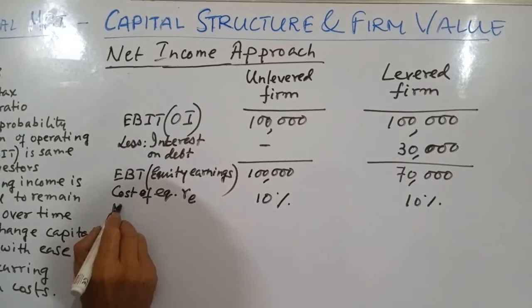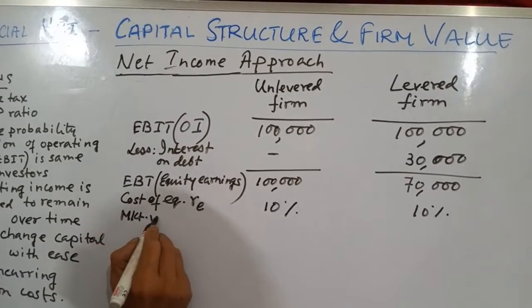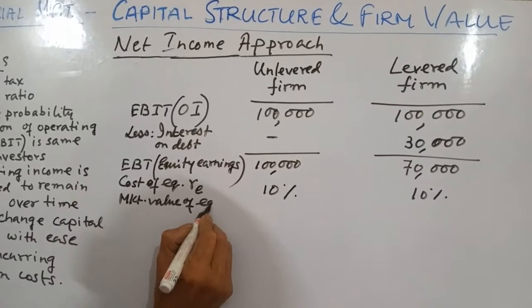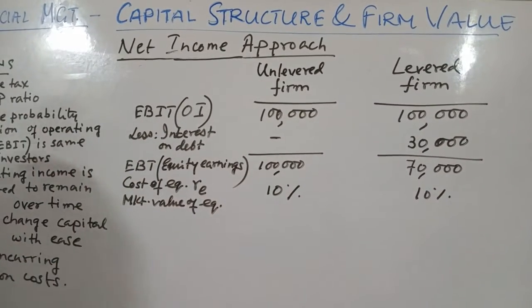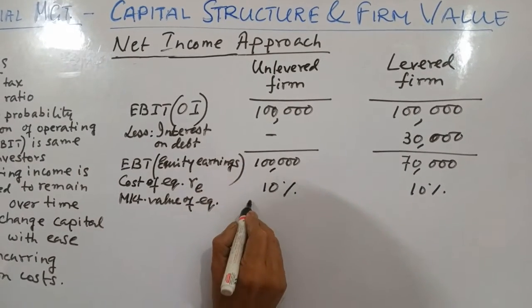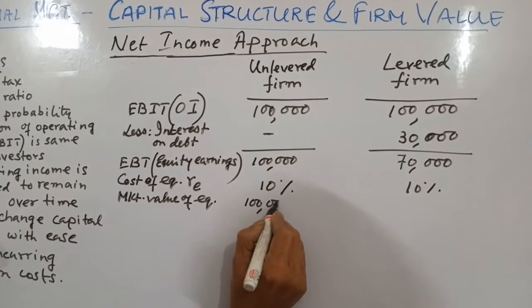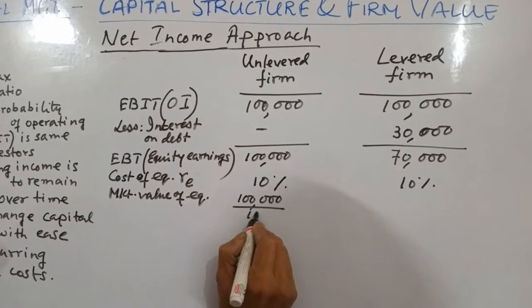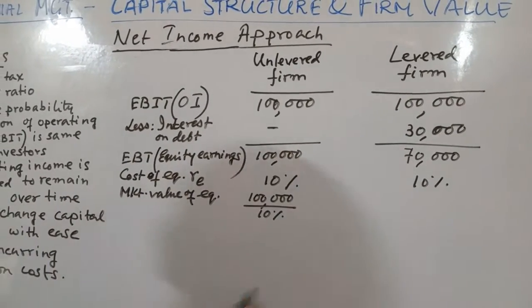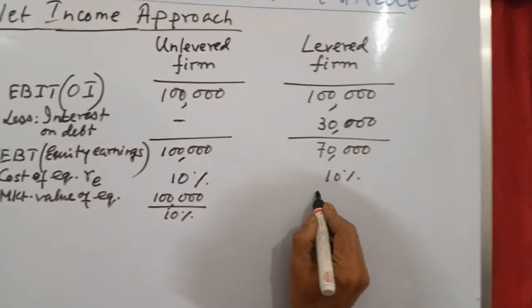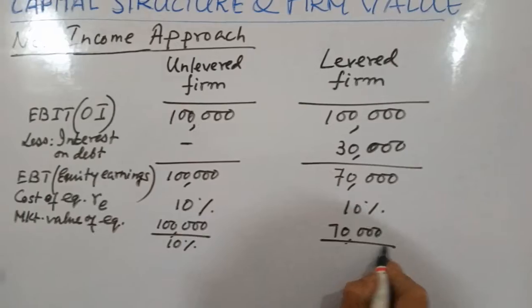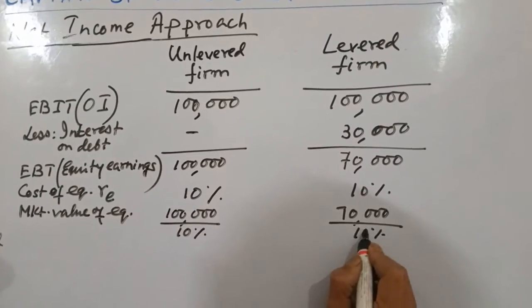Therefore, the market value of equity, here it is 100,000 by 10%, and here it is 70,000 divided by 10%.